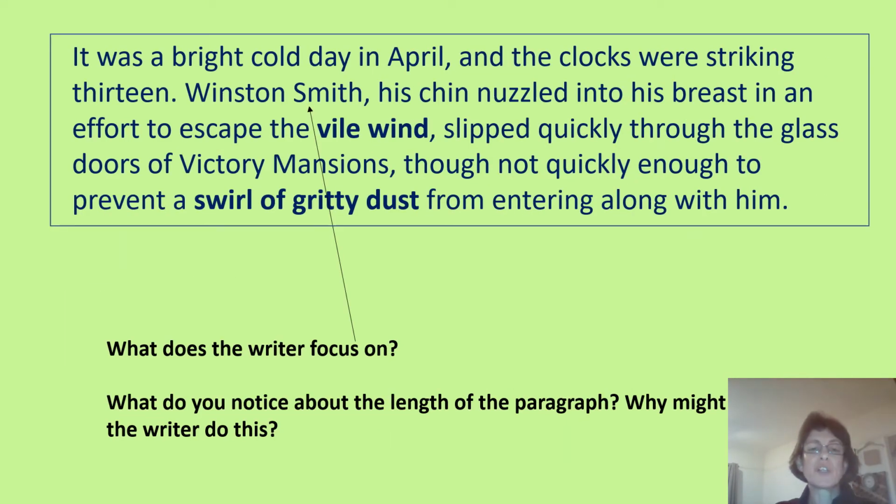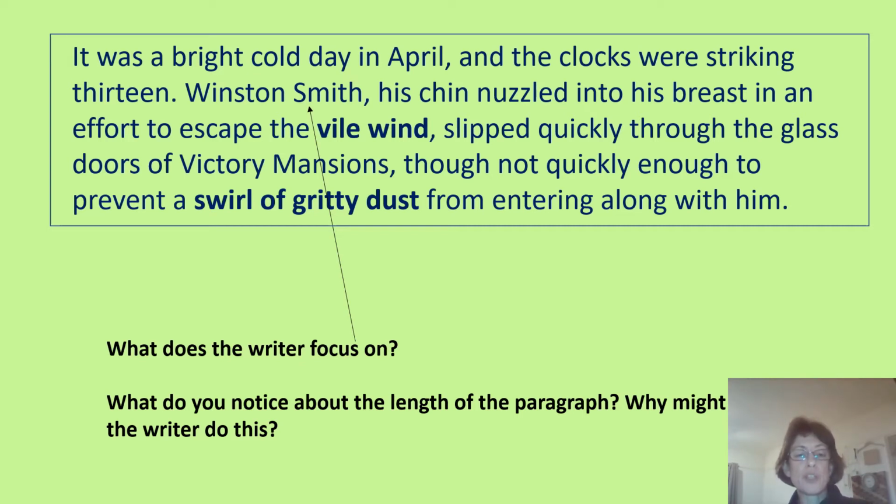This is the full first paragraph. It was a bright cold day in April and the clocks were striking 13. Winston Smith, his chin nuzzled into his breast in an effort to escape the vile wind, slipped quickly through the glass doors of Victory Mansions, though not quickly enough to prevent the swirl of gritty dust from entering along with him.